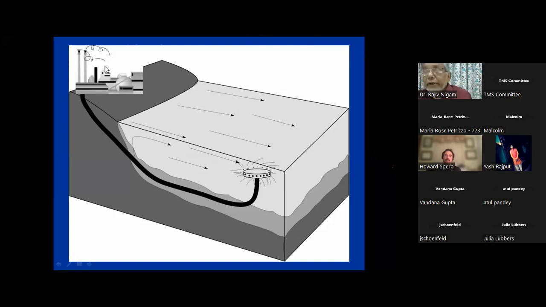So what is the remedy? The remedy is we do a physical oceanography survey to find where the current pattern is such that if you take the effluent through a pipeline and put a diffuser, all the effluent, after treatment, goes into the deep sea where it gets diluted.